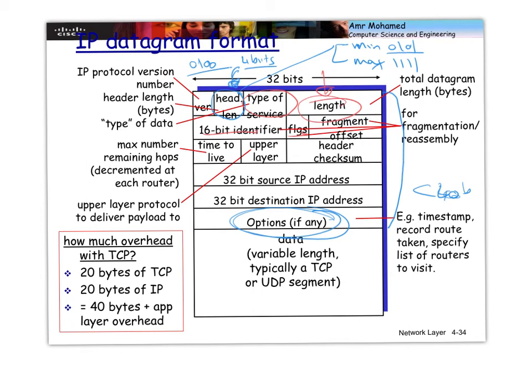What I'm trying to say is that in each of these layers, these protocols run as processes. So I always need this field to point to which process I need to send this packet, or this segment, to. So we need this protocol field in all the layers, starting from the data link layer all the way to the transport layer.